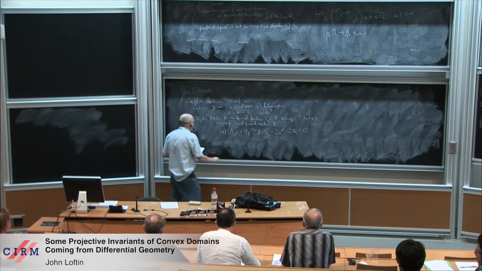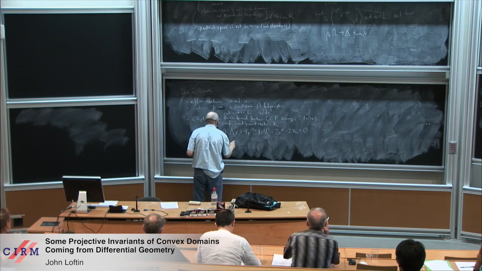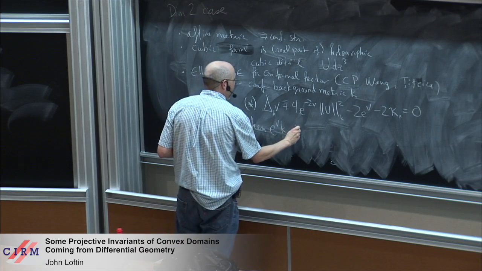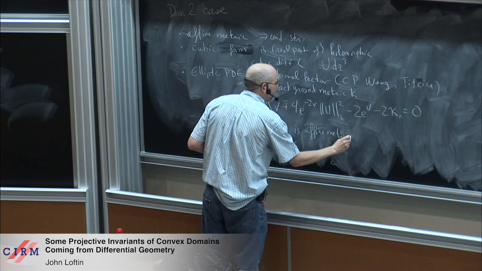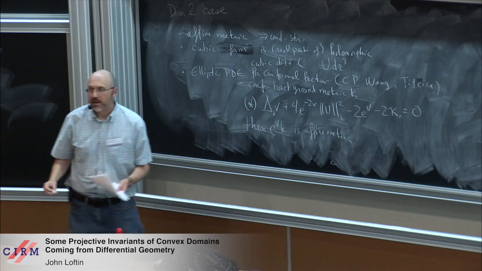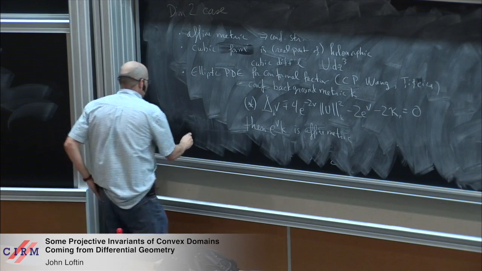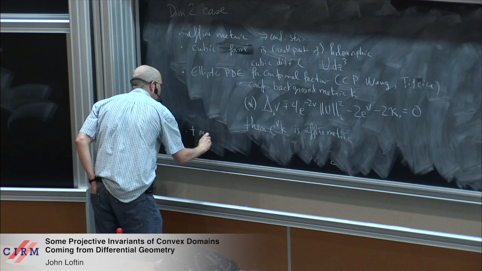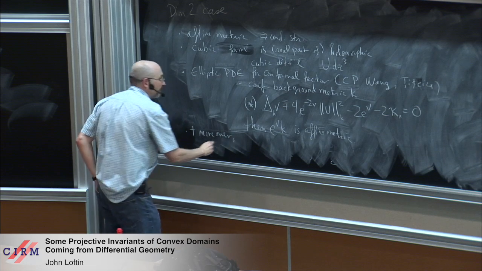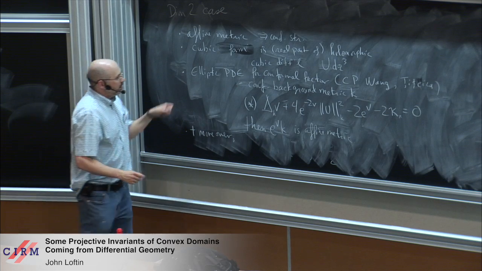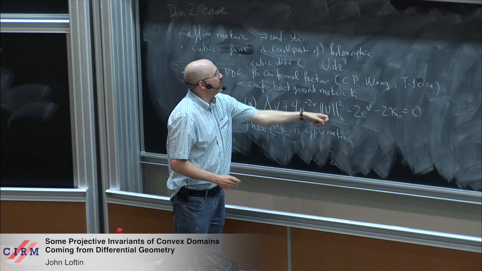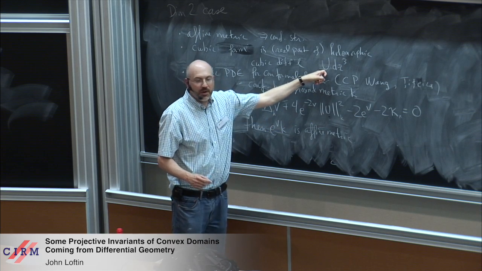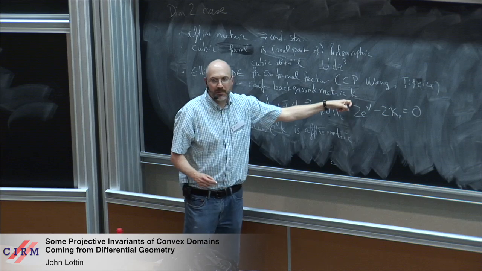In this case, e to the v times k is the affine metric. And moreover, capital U is the cubic differential. Small k is the background metric.